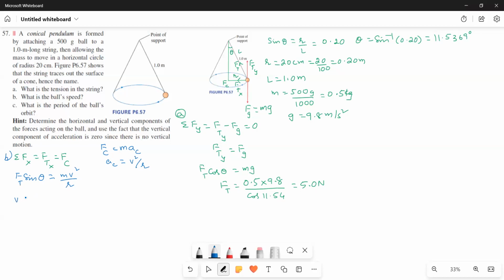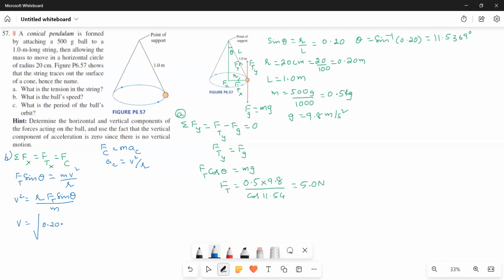Therefore, V square is equal to Ft sine theta divided by m. Okay, V is equal to square root of, now I will input the values. R is 0.2, am I right?